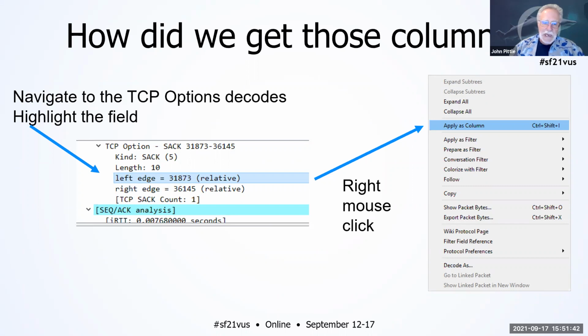You just highlight the field that you want, right mouse click on it, say apply as a column, and before you get your finger off the mouse button, it's already up there as a column. Then you can add the next one. And for the folks that have been through some of the basics training in Wireshark, you can then save that layout as a part of a specific profile, which is very handy.